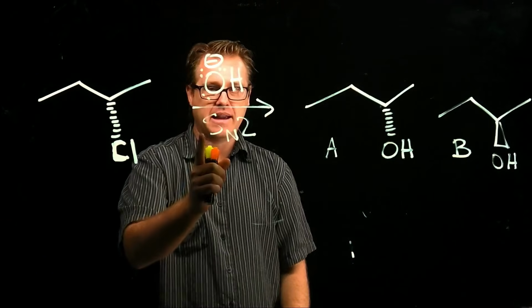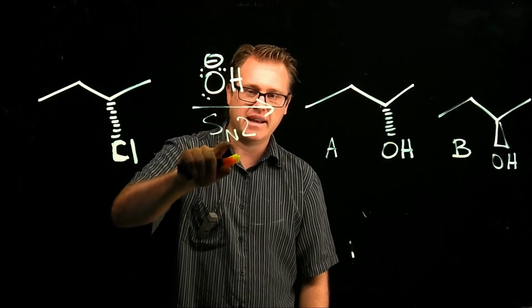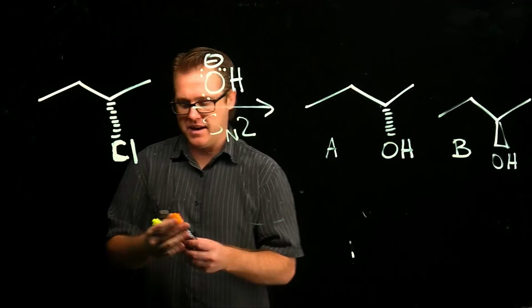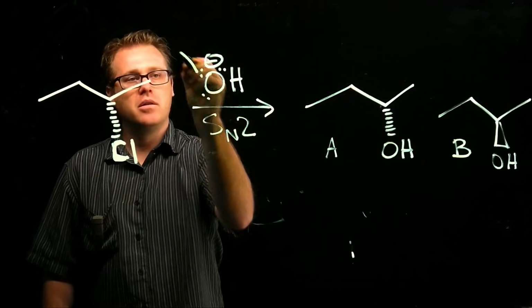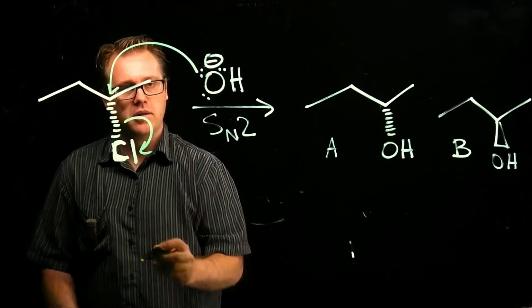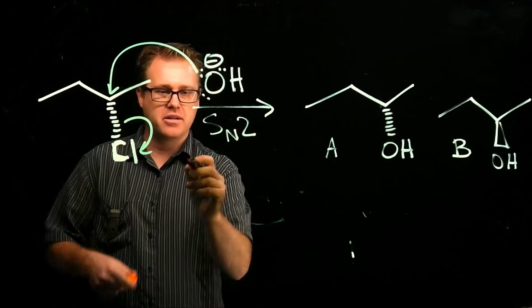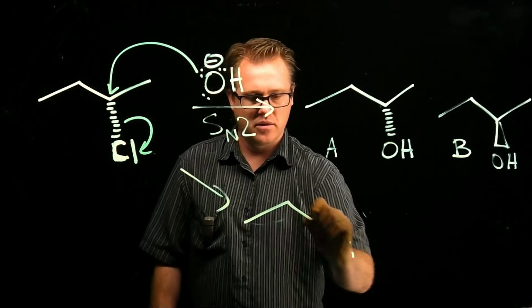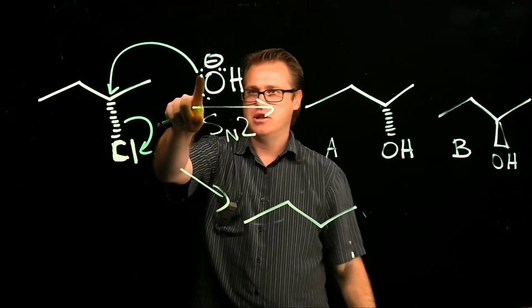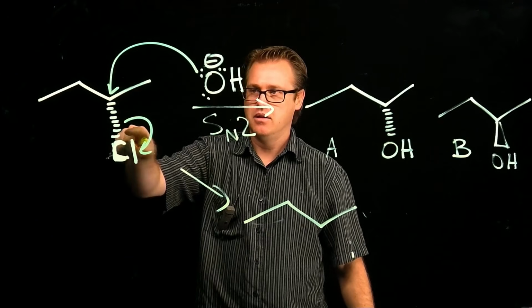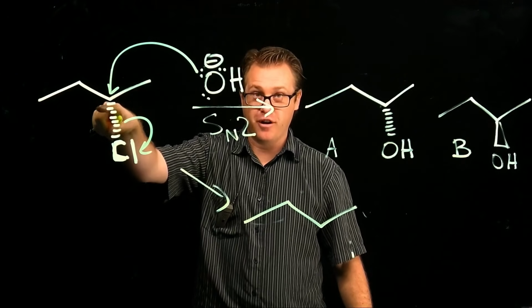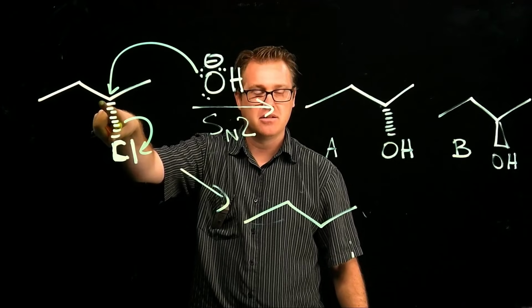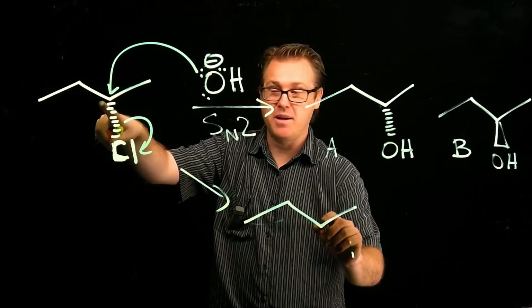But if you do the mechanism, I told you it is an SN2, so just do the mechanism. And so you draw, it's like, hey, SN2, concerted. It has to invert the stereocenter, because we know it goes by backside attack.